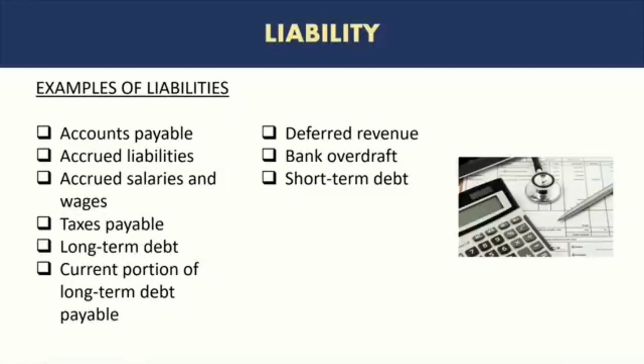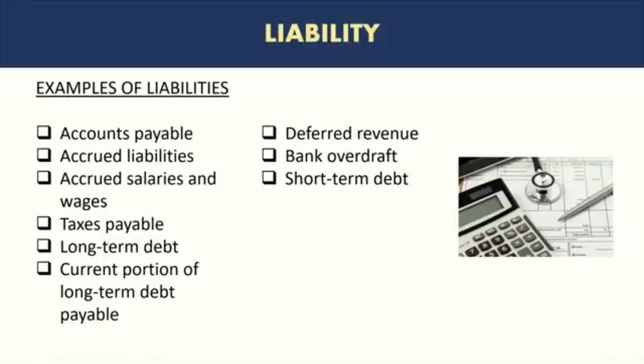Accrued liabilities are recorded in accordance with the accrual concept, and we will go through the accounting principles, accounting concepts in a future video. But this represents expenses that have been incurred but we have not received invoices or bills yet. So a good accounting practice is to record those expenses in the period.